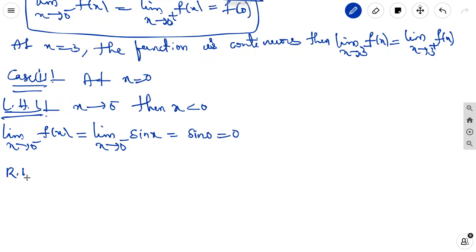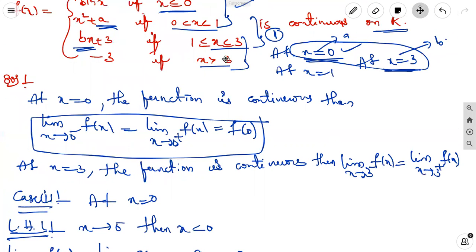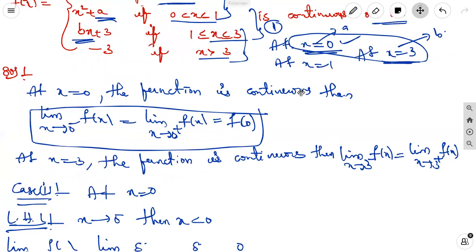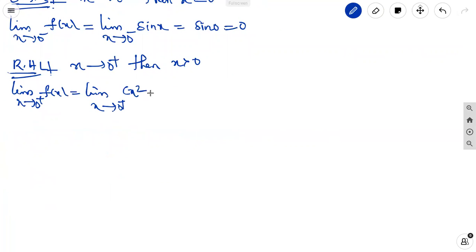Next, take the right hand limit, that is x tends to 0 plus, then the x value is greater than 0. Limit x tends to 0 plus f of x is equal to limit x tends to 0 plus, what is the x greater than 0 value? x square plus a, not 1. x square plus a. 0 square plus a is a.